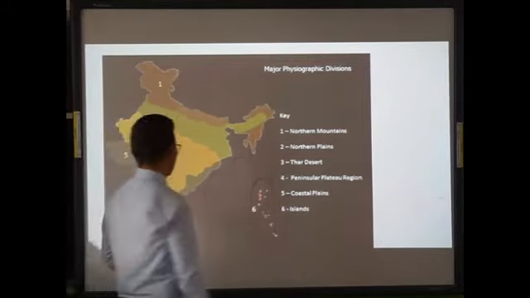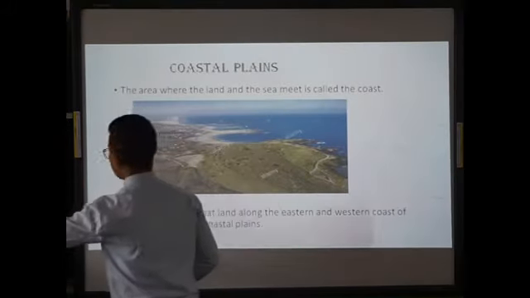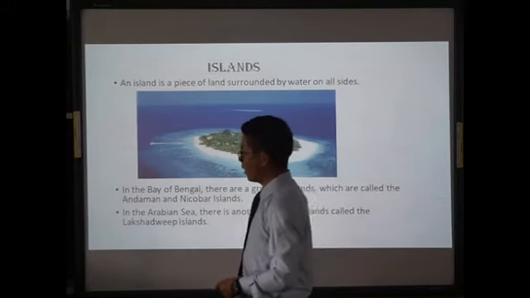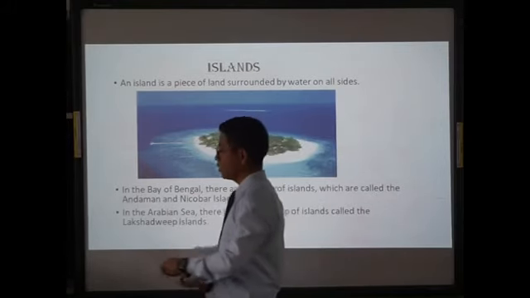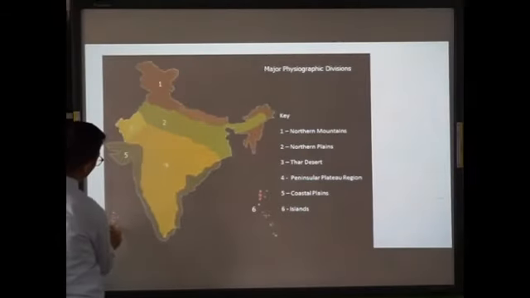So this is the Bay of Bengal side. Next, in the Arabian Sea there is another group of islands called the Lakshadweep Islands. Where is the Arabian Sea here? You can find the Arabian Sea on this side.